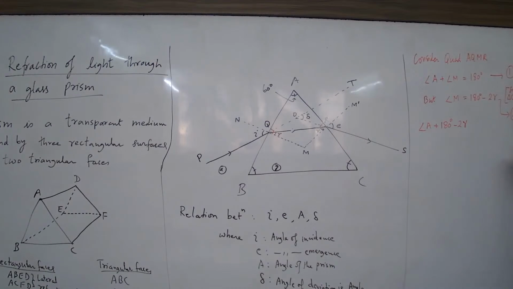Okay, this is equal to 180 degree, right? So by 2 in 1, correct? अब क्या हो गया? So this 180 cancelled. Therefore, angle A is equal to 2R. Right? Angle A is equal to 2R.